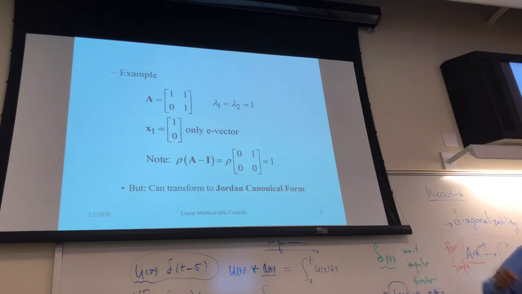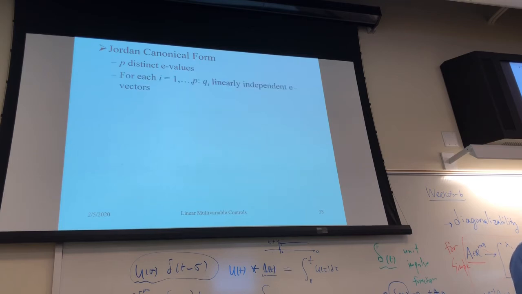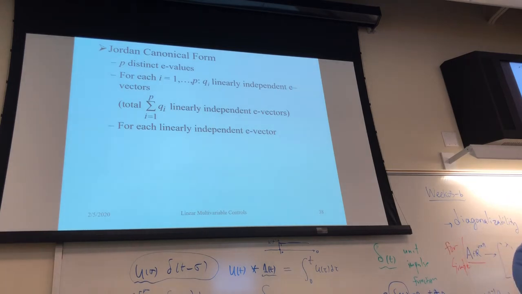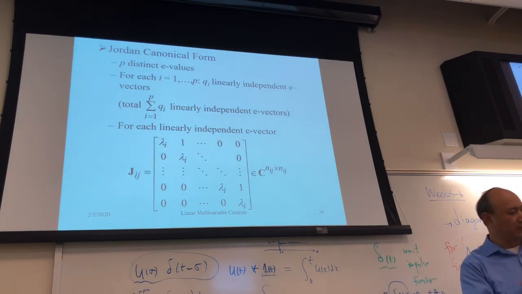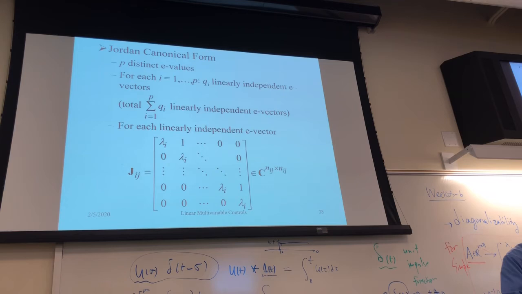I hope you start to see it. What is a Jordan canonical form? You have an n by n matrix, but you have p distinct eigenvalues. For each distinct eigenvalue, there correspond qi linearly independent eigenvectors, and adding all the qi's together gives a total of n.